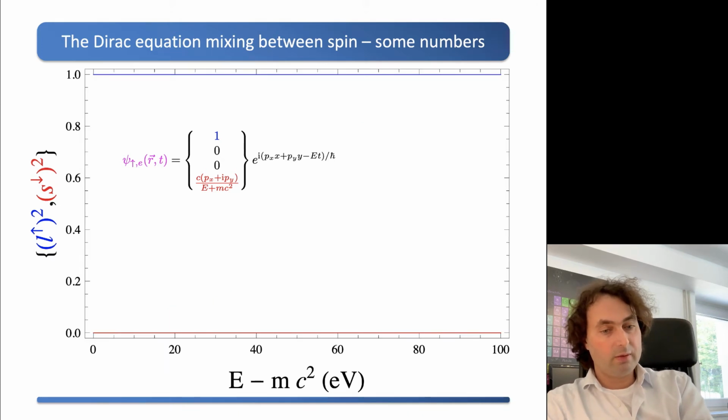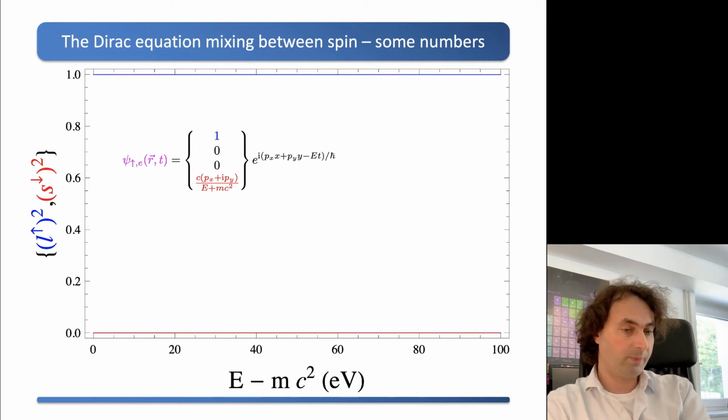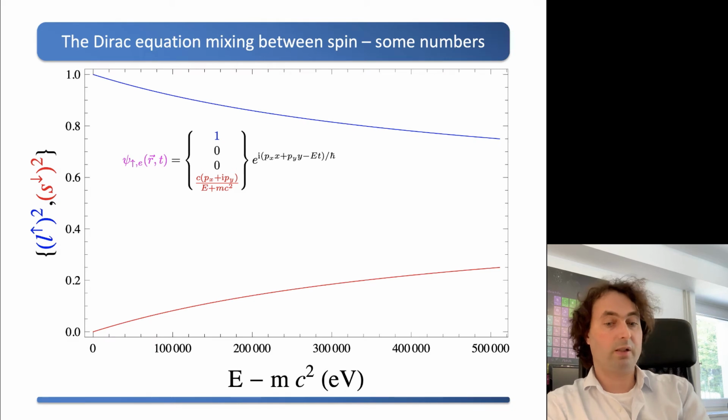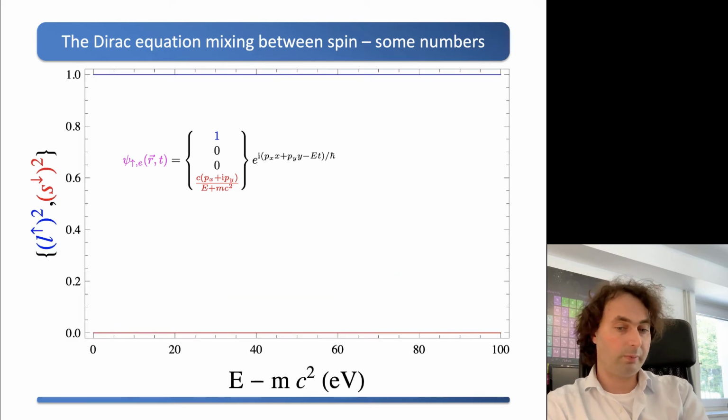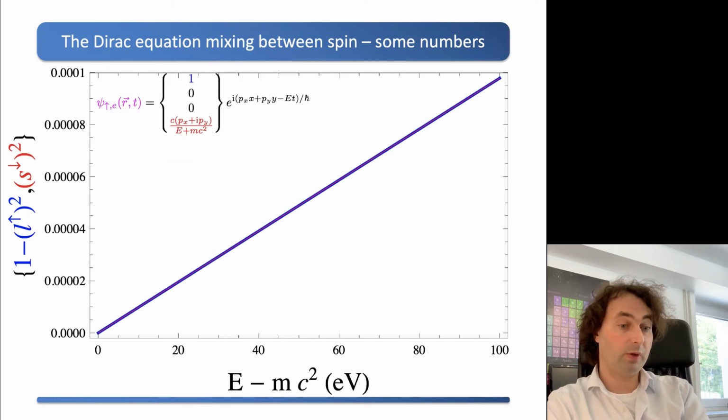Now, the energy scale of interest for solids is in the electron volt scale. So here I show you, instead of going up to half a mega electron volt, the small and large component when you go up to 100 electron volt. And on this scale you basically see no change. One is 1, the other is 0. If we look at 1 minus the large component and the small component, then of course both are equal.